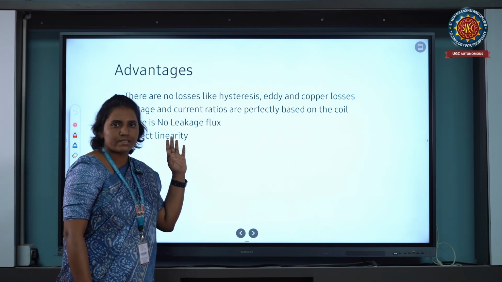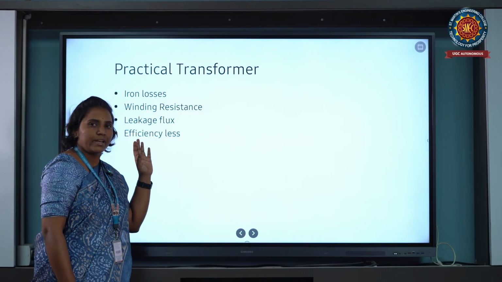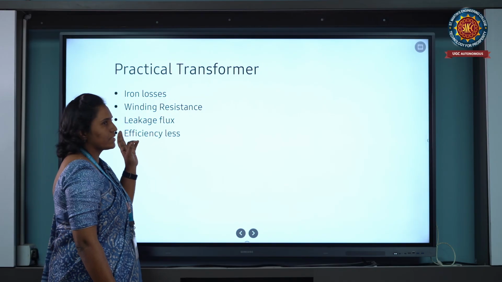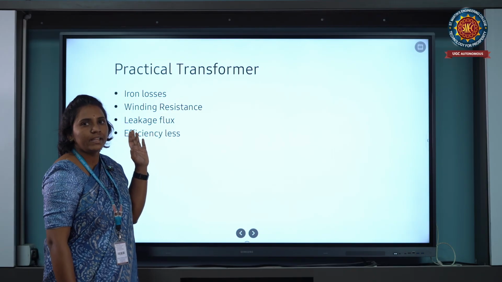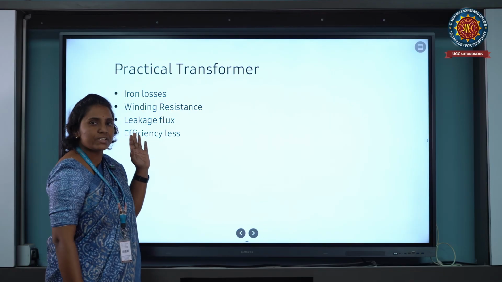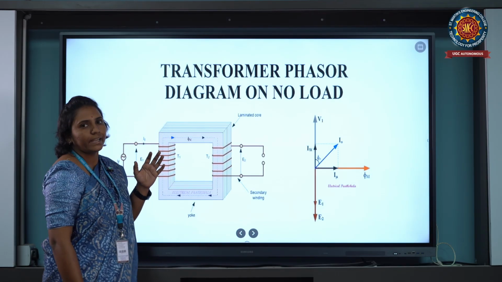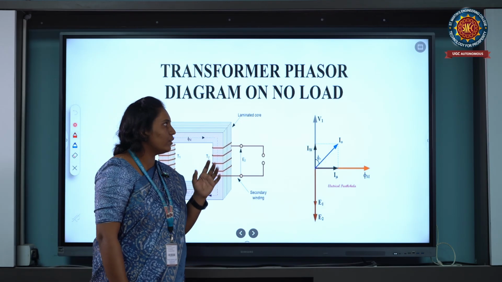Next we'll discuss the practical transformer. In the practical transformer, we have losses, winding resistance and leakage flux. So in the practical transformer, efficiency is very low. These are the conditions for the practical transformer. Next we'll discuss the practical transformer at no load condition and at load condition.